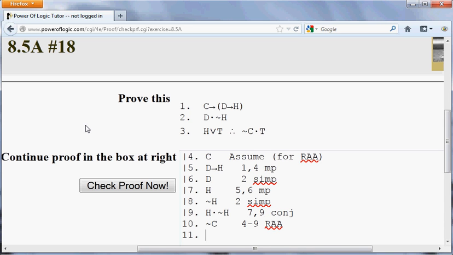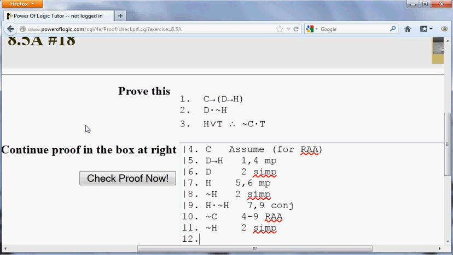Notice what I can do again is get not H again from a 2 simp. Now I already did that on line 8, and I'm not allowed to use line 8, so I'm going to do it again. Maybe I should have done that up on line 4, even before I made an assumption for RAA. That would have saved a step in this proof, but I really wasn't thinking so clearly ahead at this point.